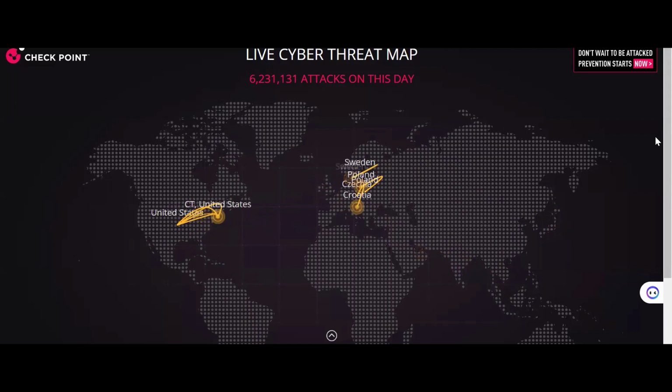It's a live view. I'm not sure how accurate it is right now, but this is the current picture of the live threats going on. As you can see, the attacks today are quite a few. It's a big number, right? And there are other threat maps which show what sort of attacks are going on.